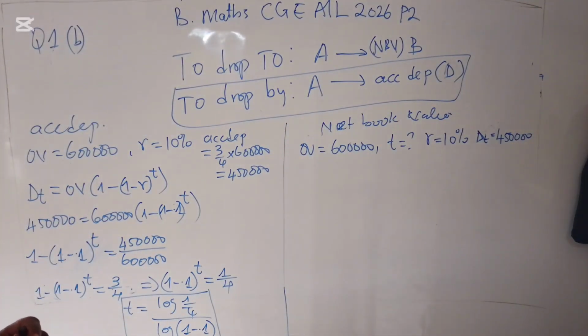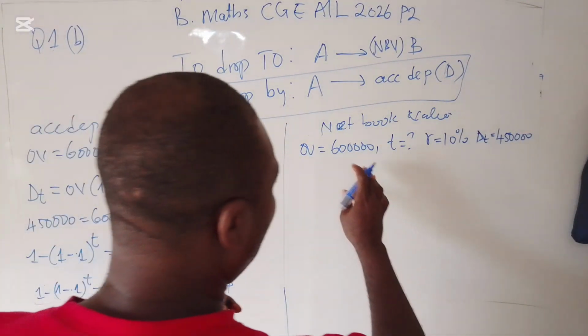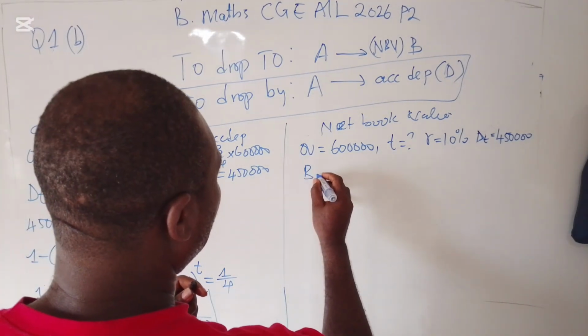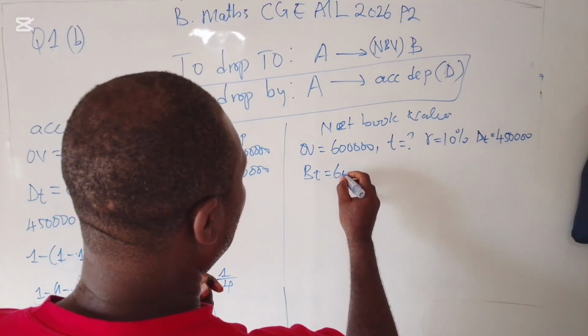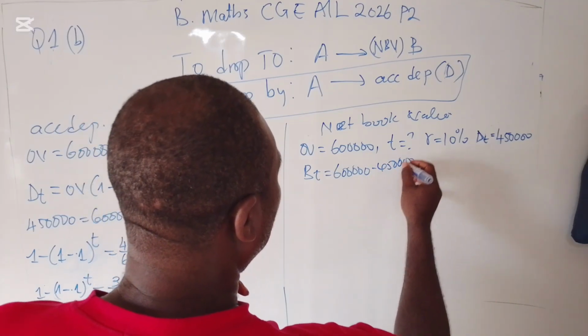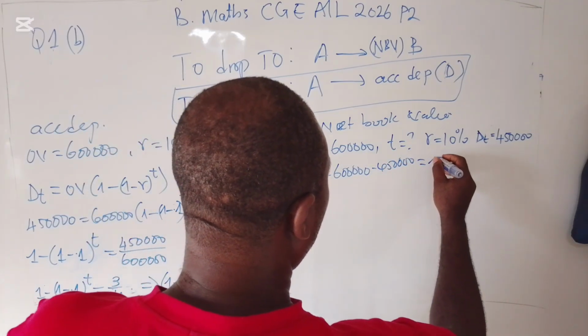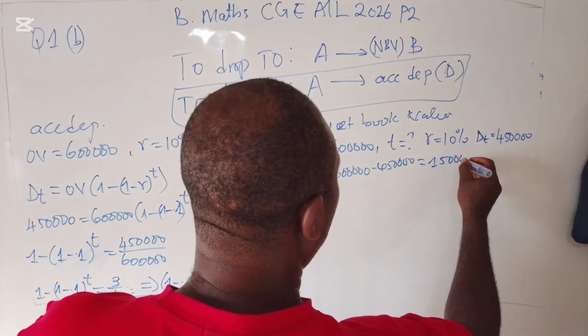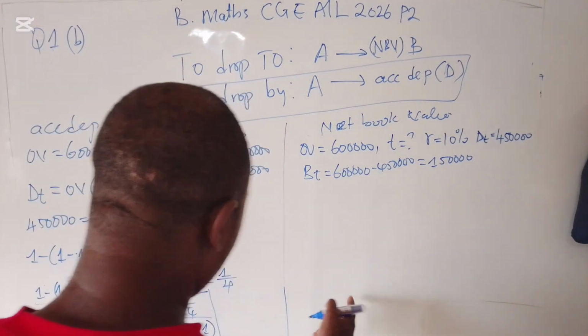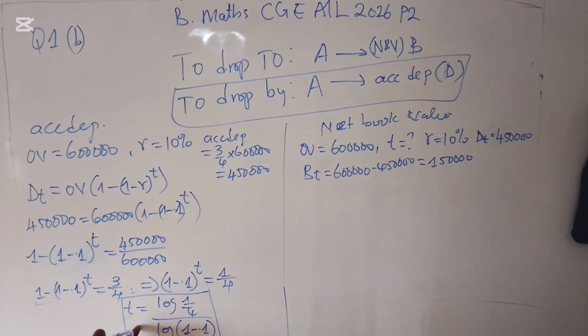Then we can look for the net book value. The net book value will be 600,000 minus 450,000, which is equal to 150,000. Note that the solution this way must be the same as the other one.